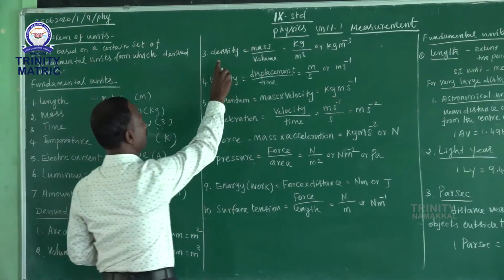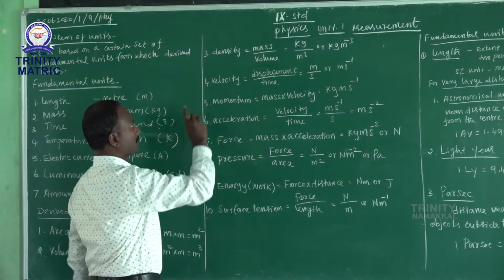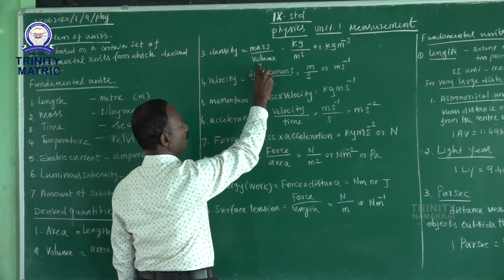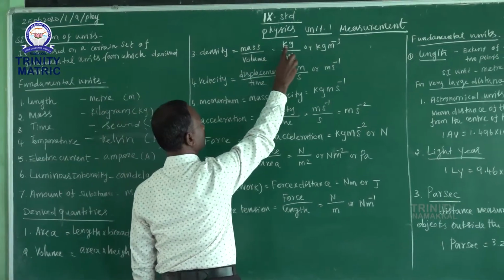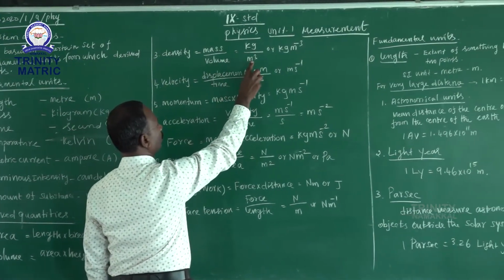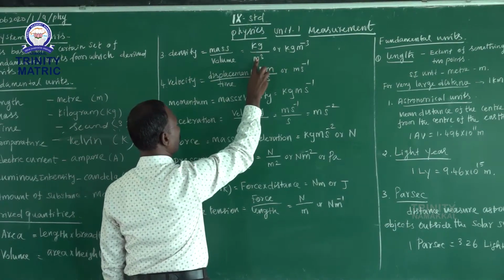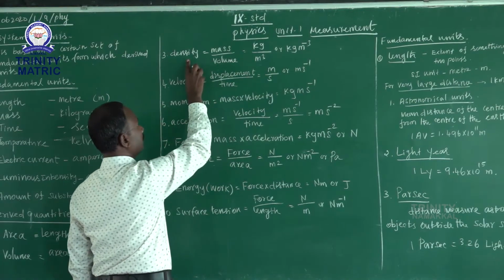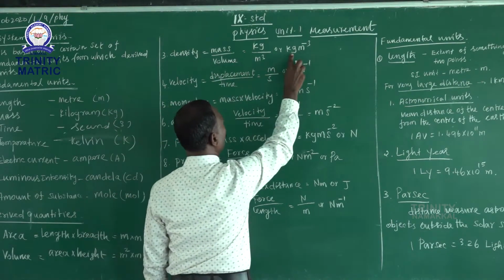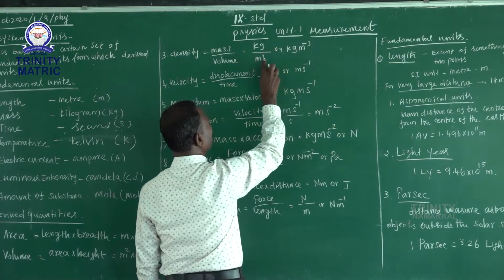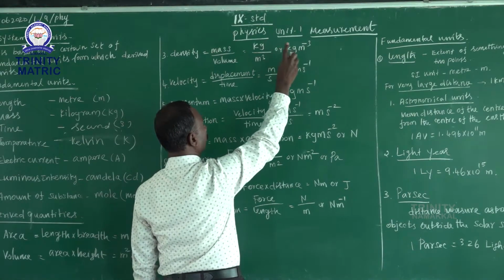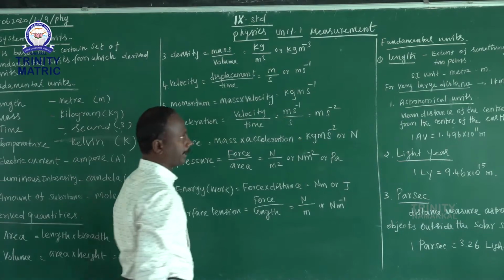Then another one, density. The expression for density is mass by volume. The unit of mass is kilogram, unit of volume meter cube. So kilogram per meter cube is the unit of density, or kilogram meter minus 3. Taking meter cube's reciprocal, we get kilogram meter minus 3.